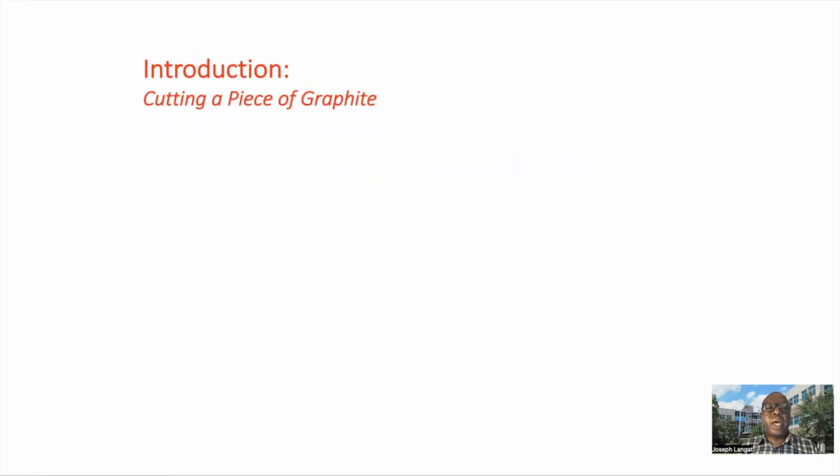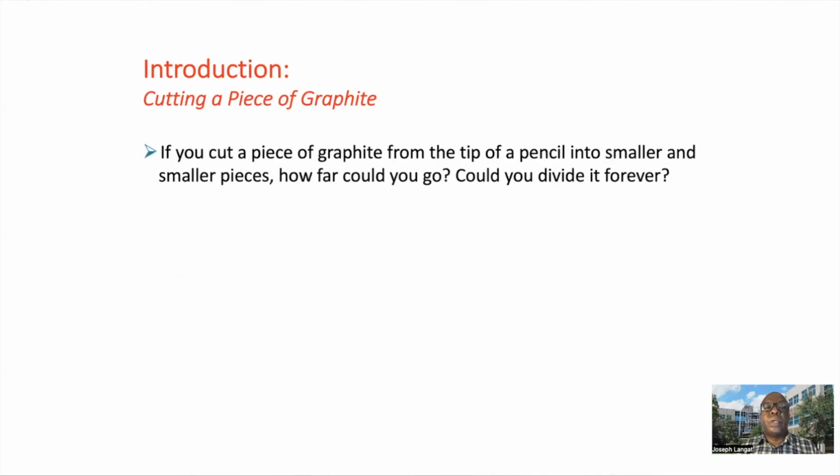Let's see, part A. If you cut a piece of graphite, how far can you go? If you cut a piece of graphite from the tip of your pencil into small pieces, will you go on forever, or is there a definite dead end? The answer is that there is a dead end, which we call the atom.